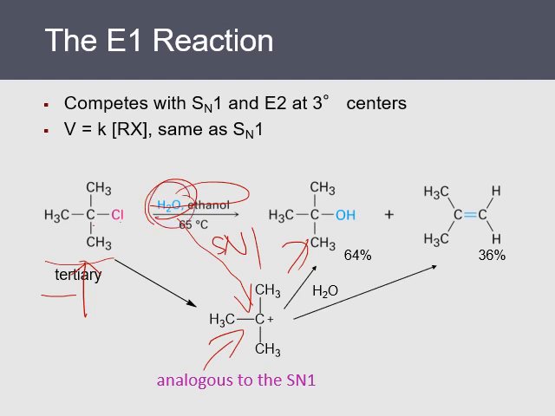However, water may also serve as a base that deprotonates the hydrogens, and that gives you an alkene, and that is an E1 elimination reaction. So if you have a tertiary alkyl halide in a weak acid or base, SN1 and E1 always compete with each other and give a mixture.